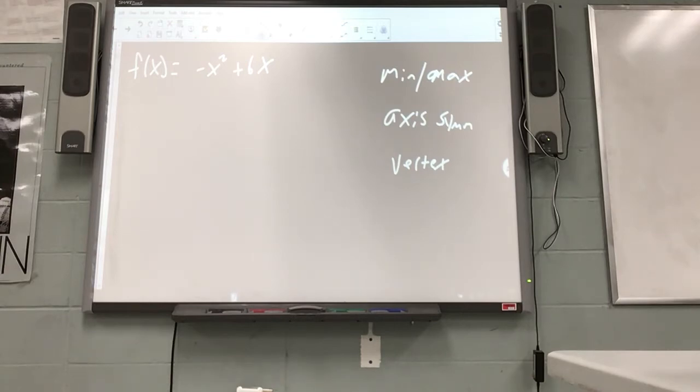Give it a try. Let me start you for the axis of symmetry.